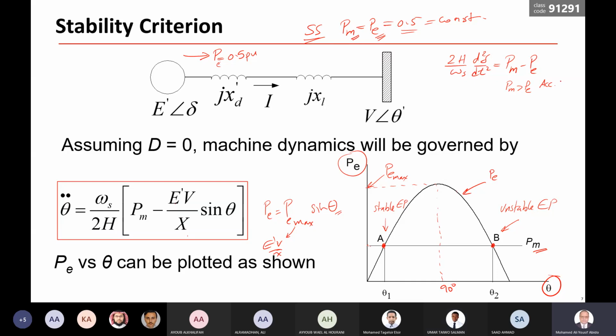Accelerate. Accelerate means the speed increases and the delta increases. Right? Yes.